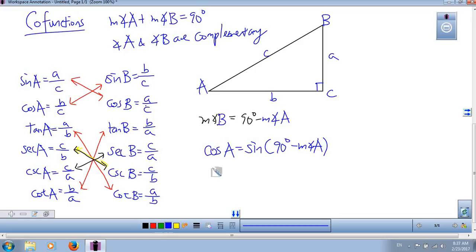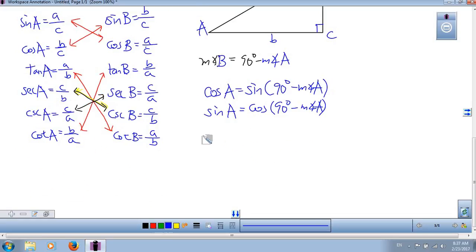So the sine of angle A will be equal to cosine of 90 degrees minus the measurement of angle A. That cosine stands for angle B, and so tangent of angle A will be equal to cotangent of 90 degrees minus the measurement of angle A.